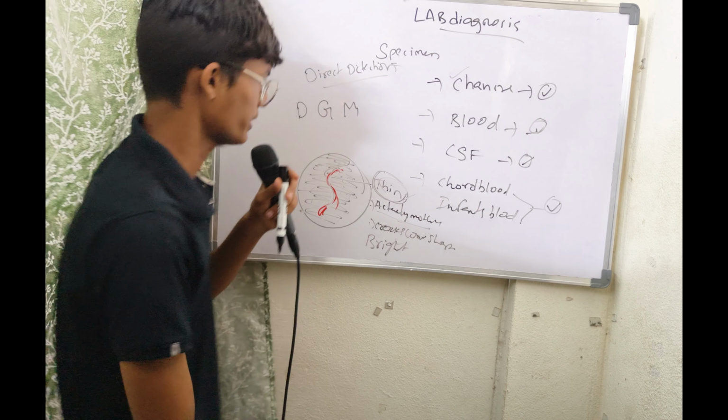Now we'll discuss the second one, that is silver impregnation. See, in direct detection methods, we have two. One is dark ground microscopy and the second one is silver impregnation. The stain we are using is Fontana.